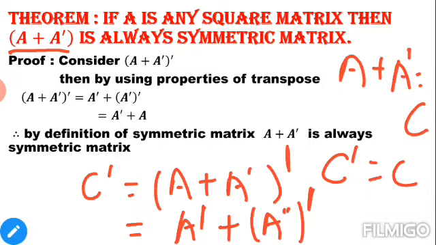Then the transpose of A transpose, I know that is equal to A. So it is becoming A transpose plus A, which is equal to C. So that means C is a symmetric matrix, and C is nothing but A plus A transpose. That's why A plus A transpose is always a symmetric matrix. Is it okay?